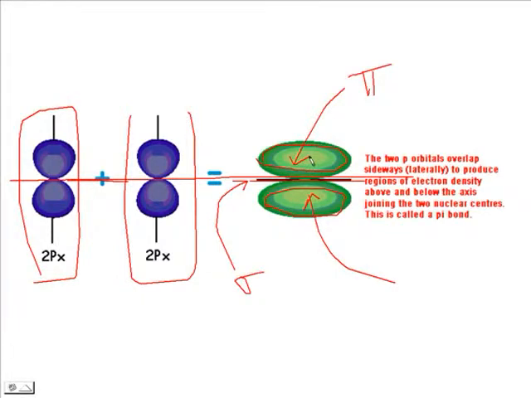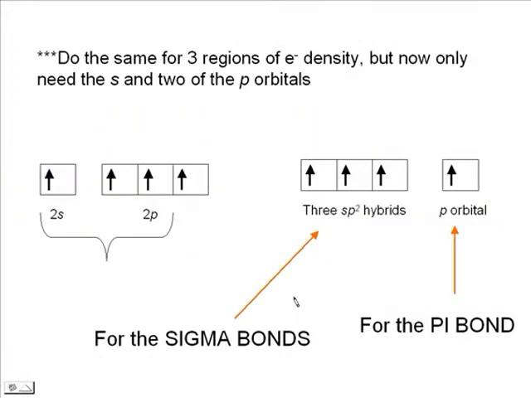Even though you have a region up above and down below, it's just taking the 2 p orbitals and squishing them together, but it was only 1 orbital apiece. So this is called 1 pi bond that is caused by this parallel overlapping of the p orbitals. So let's take a look at where you would get these pi overlaps.